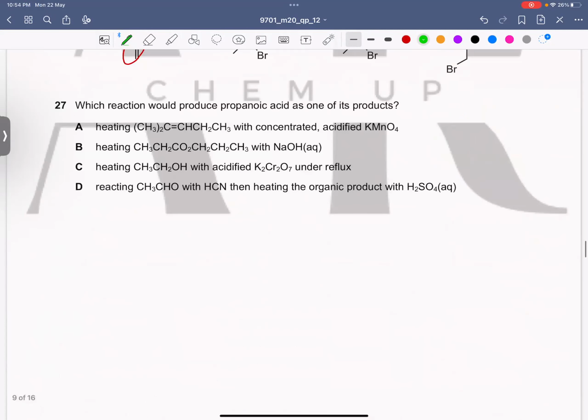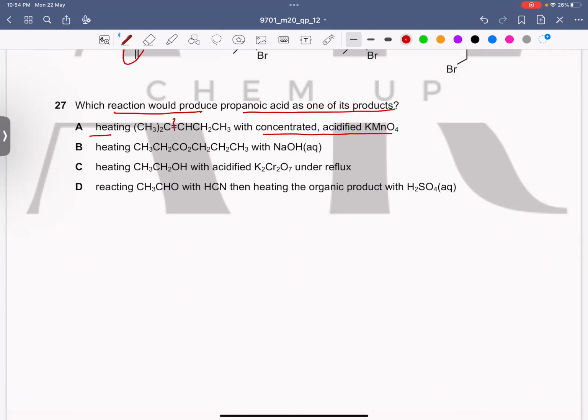Now, question number 27. Which reaction would produce propanoic acid as one of its products? Okay. So in this case, it's an alkene and we are heating with concentrated acidified KMnO4.